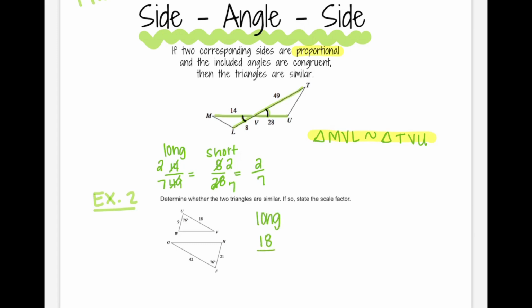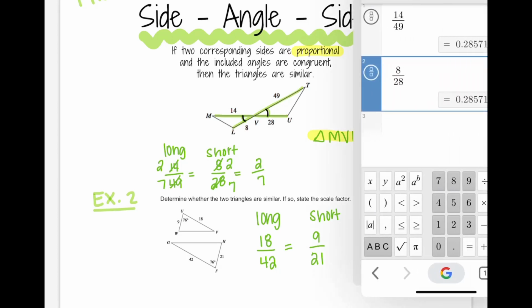I can take the long side of the top triangle, which is 18, over the long side of the second triangle, which is 42, and see if that is the same proportion as the shorter side. The shorter one of the top triangle is 9, the shorter one on the bottom is 21.